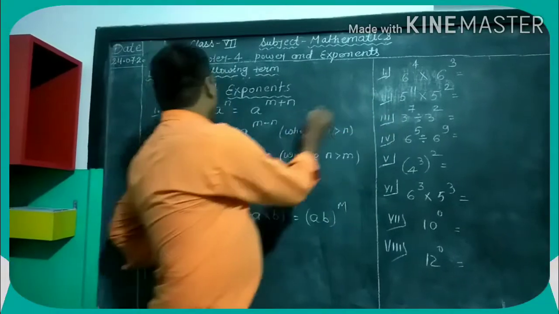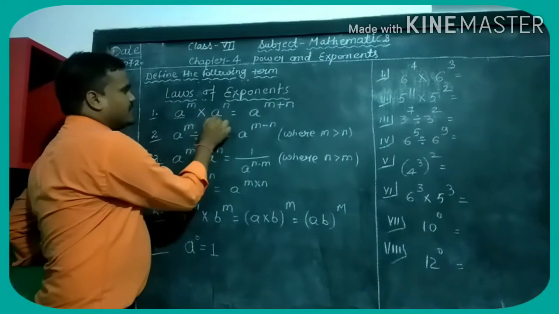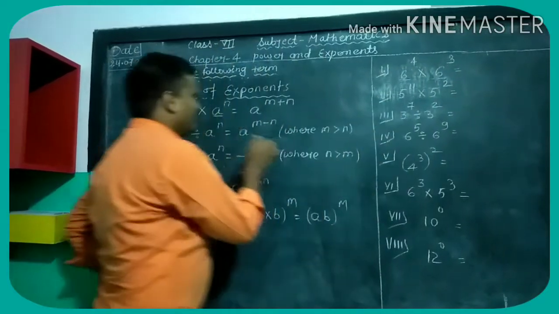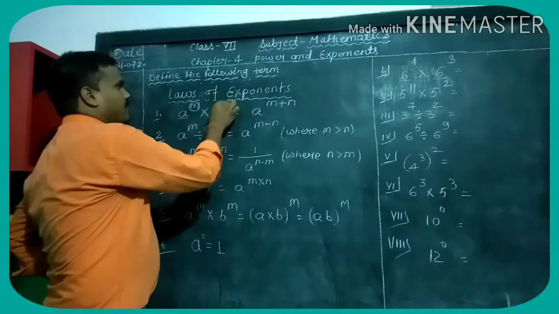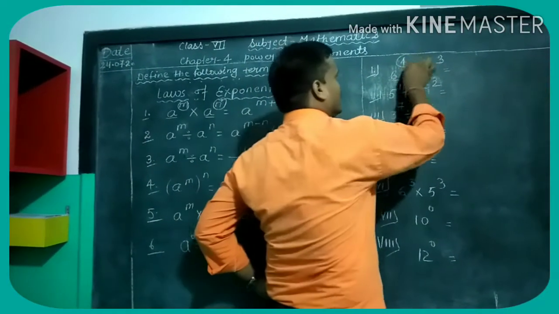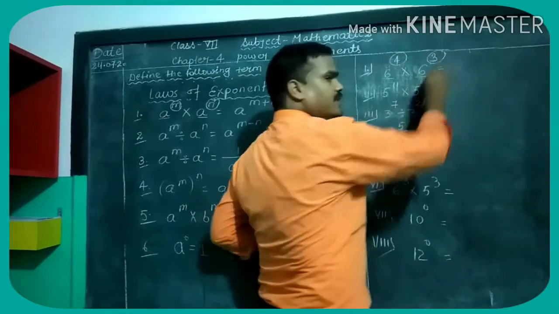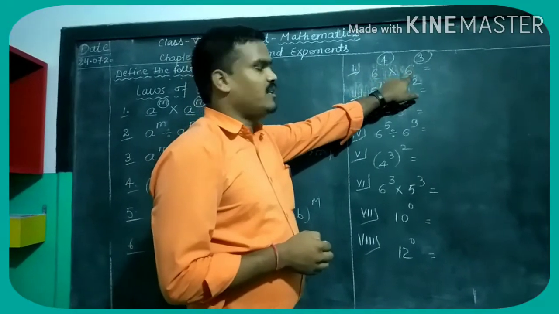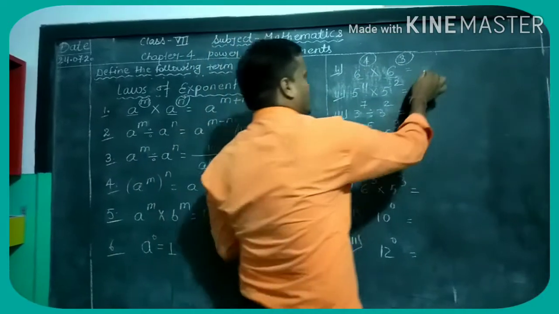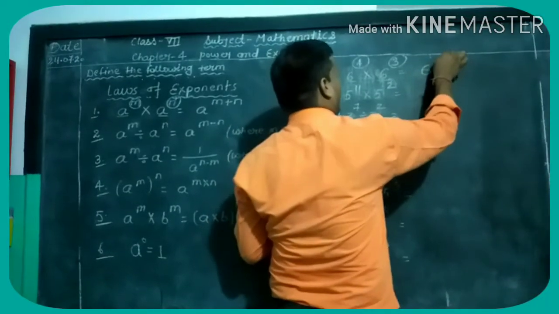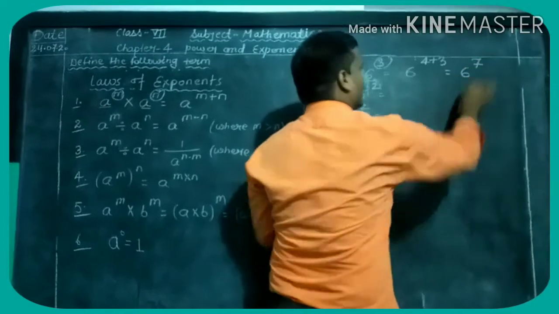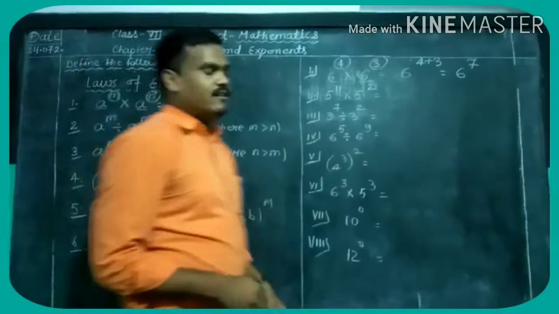Here both a and a are the same, the number 6 and 6 are the same. Here m and n are different, 4 and 3. So a to the power m multiplied by a to the power n, the answer will be a to the power m plus n, which is 6 to the power 7.